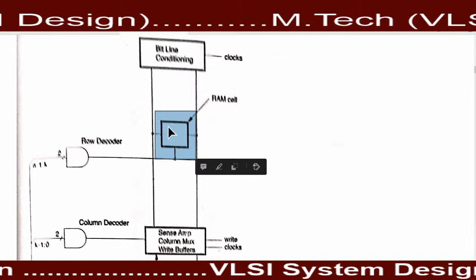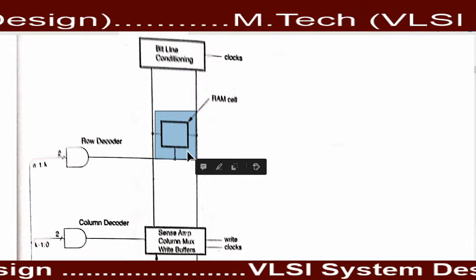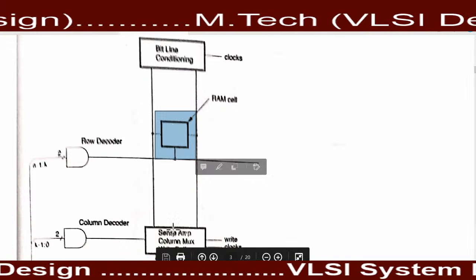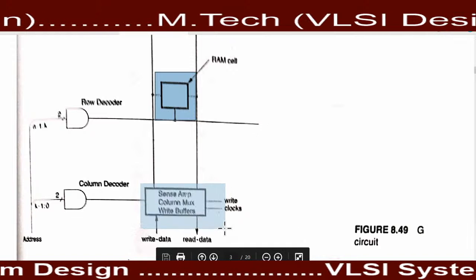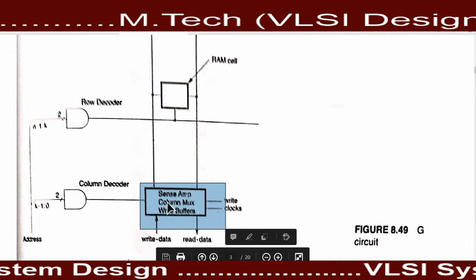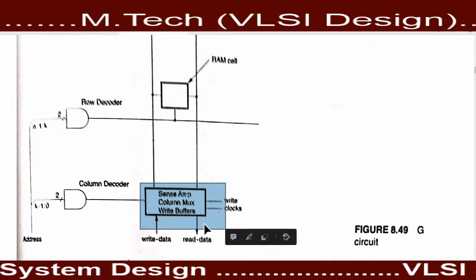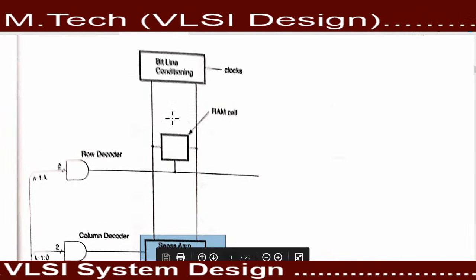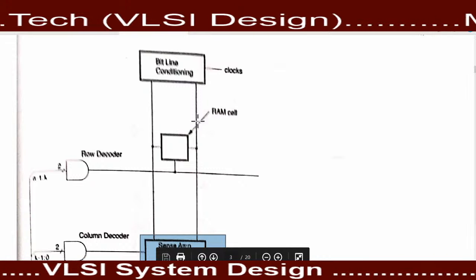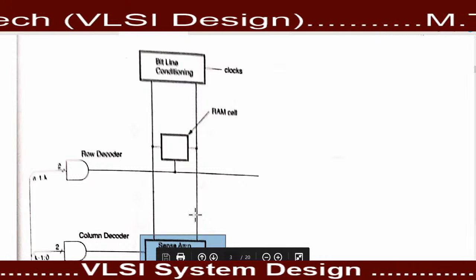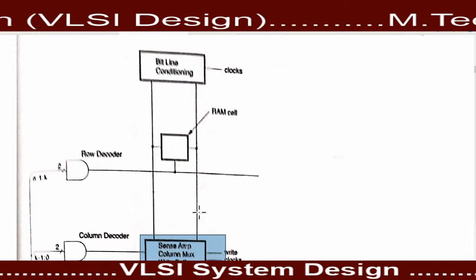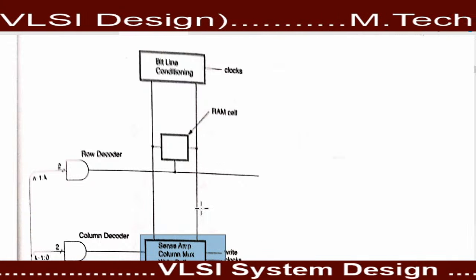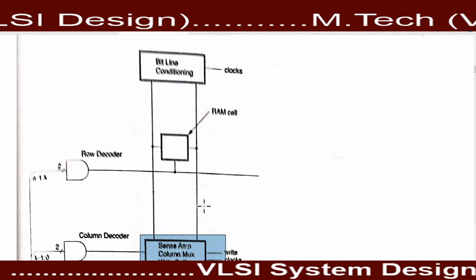Okay, and for accessing the data that is stored in this memory cell, we use blocks such as the sense amplifier, column mux, and the write buffer. The vertical line is responsible for providing the bit along with the clock.